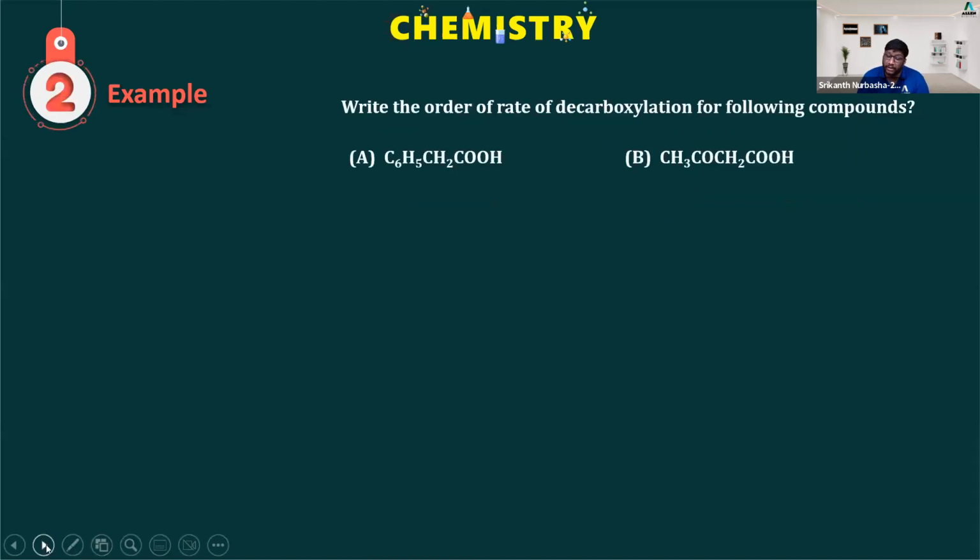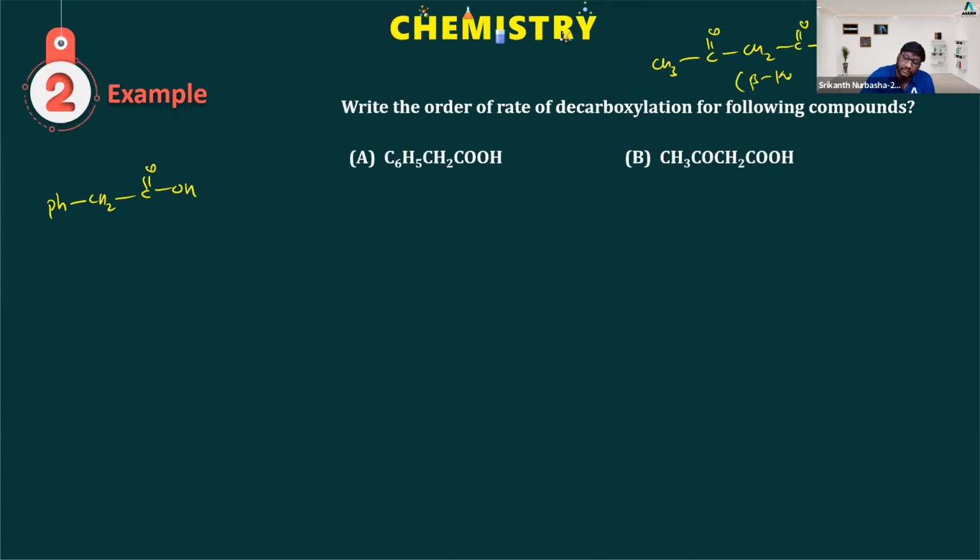Write the order of rate of decarboxylation for the following compounds. Compound A is C6H5CH2COOH. Compound B is CH3C(=O)CH2COOH. Here what type of acid do you have? Is it a beta keto acid or not? Yes, B. So whenever you have a beta keto acid, it will undergo decarboxylation just by heating.